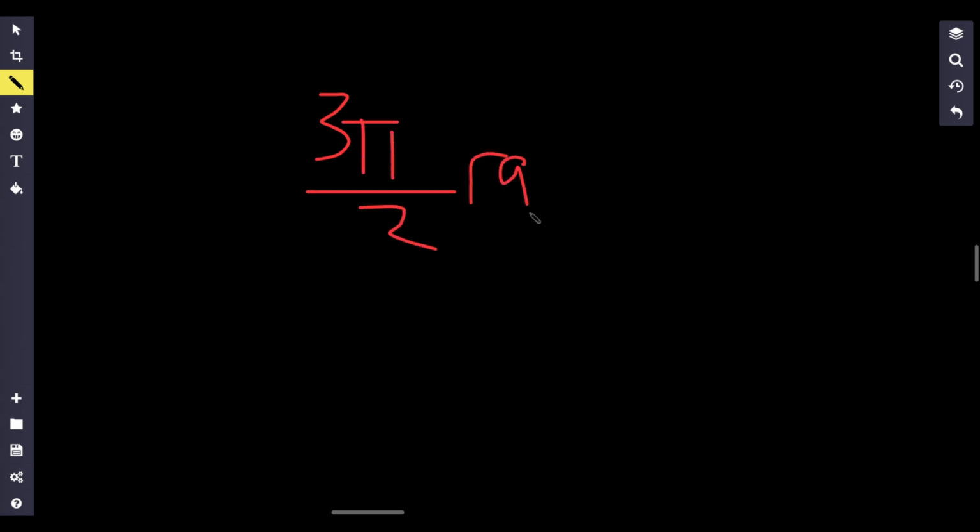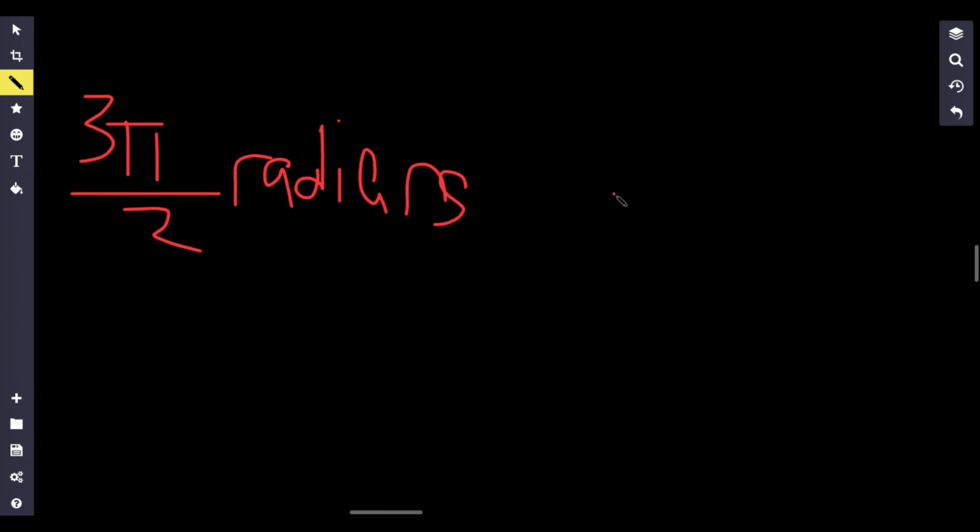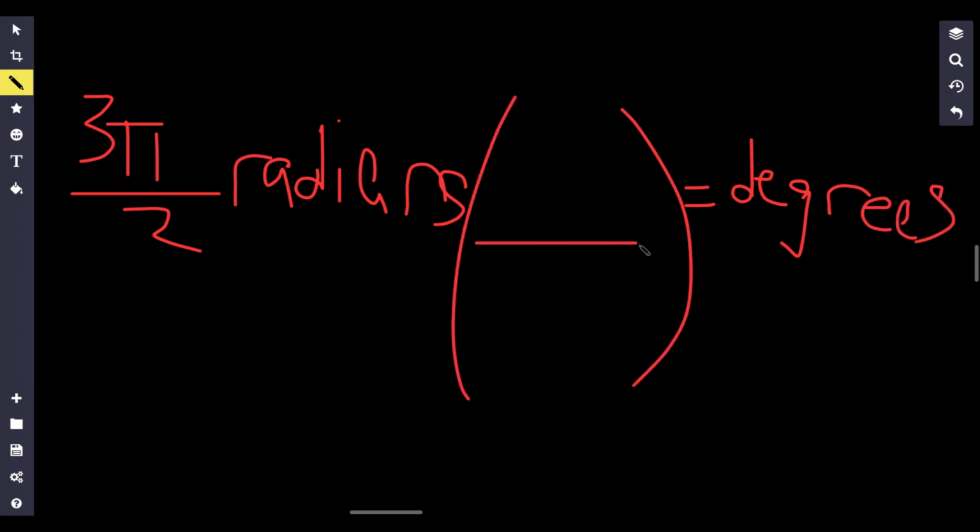Now, let's say I have 3 pi over 2 radians, and I want to convert this into degrees. All you have to do is literally the opposite of what we did before. Before, we put the degrees on the bottom and the radians on the top. We just reverse it. So we know that there's pi radians in 180 degrees, right?